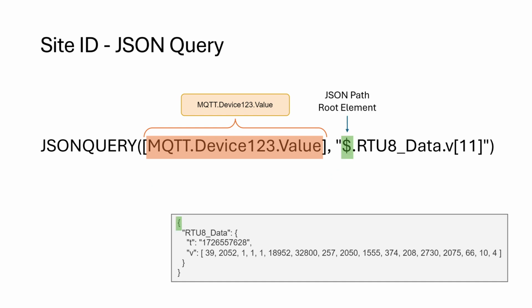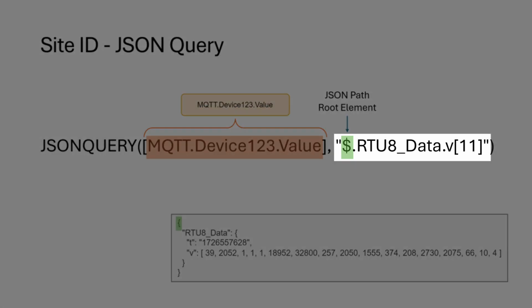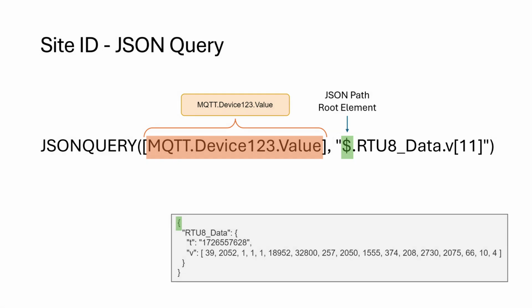The second argument of the JSON query function is the JPath query string. The first part of this string is the $, which represents the root of the data structure. We'll now work our way down to where the site ID is stored. The next element is an object property, so in this case it is RTU8_data.